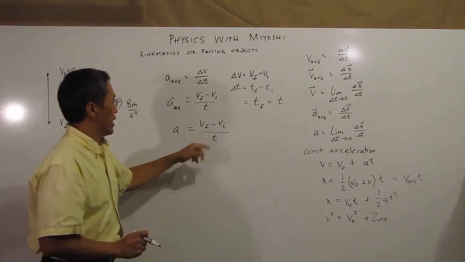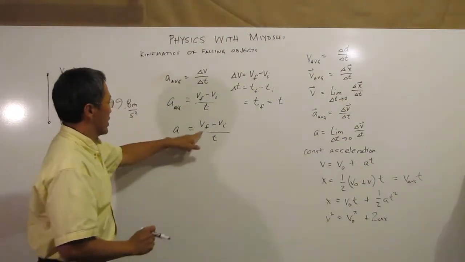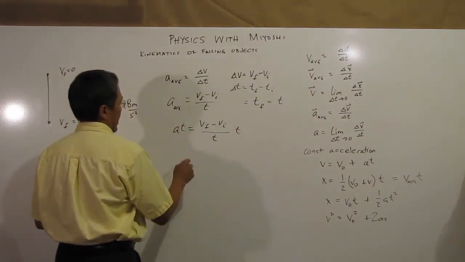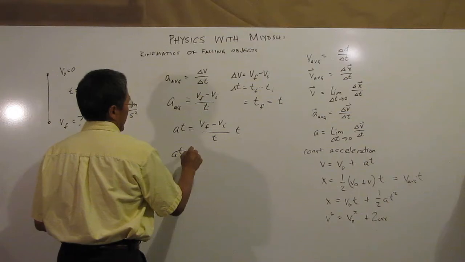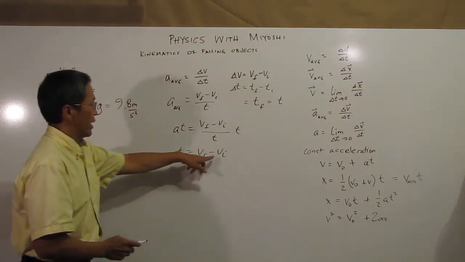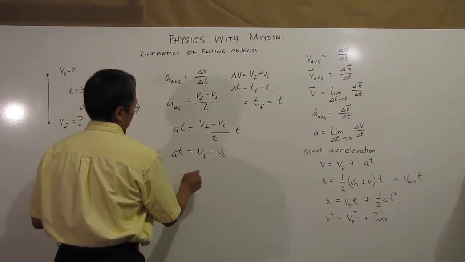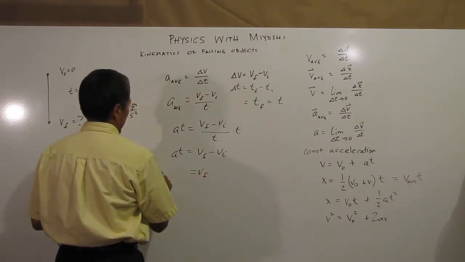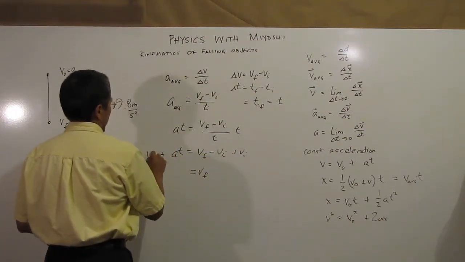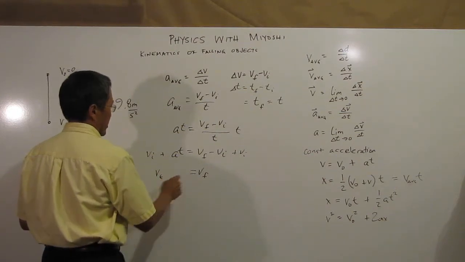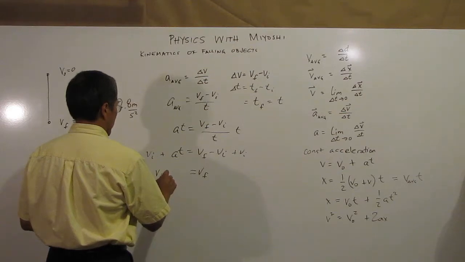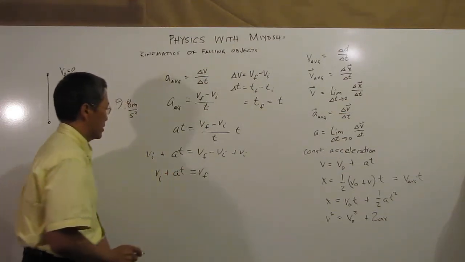So we want to find out what the final velocity is, so we can rearrange this equation. I'll move the t over by multiplying by t, and then I get a t is V final minus V initial. Okay? And then I can move the V initial to the other side, so we add V initial to stay consistent, and then we have V final is V initial plus a times t.